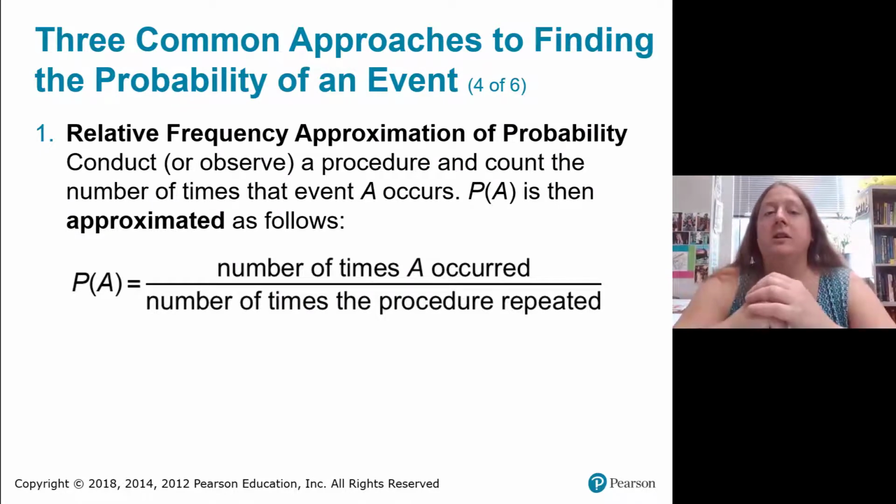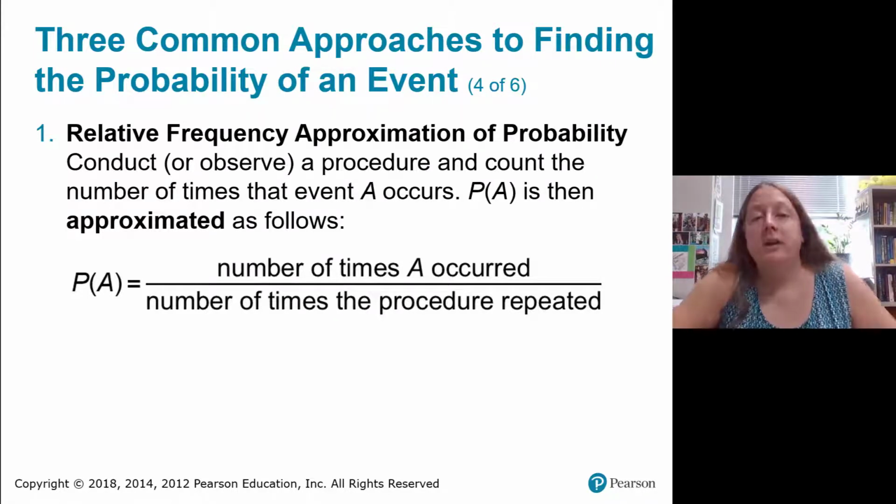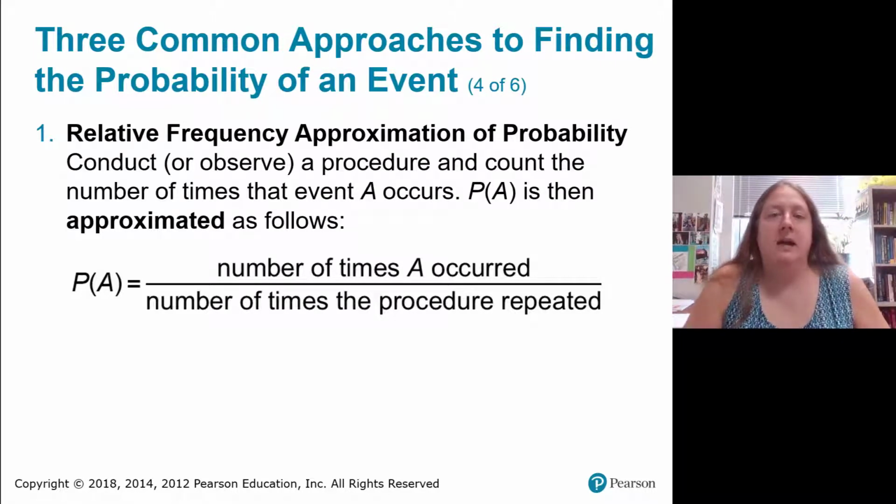So what this might look like is flip a coin 10 times. What's the probability of getting heads? Well, if I flip a coin 10 times and 6 times I get heads, then I'll take the probability of getting heads as 6 divided by 10.